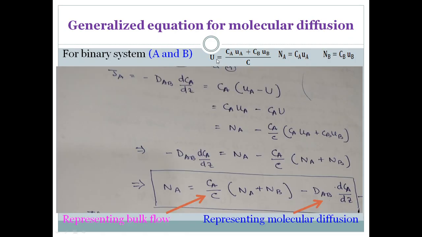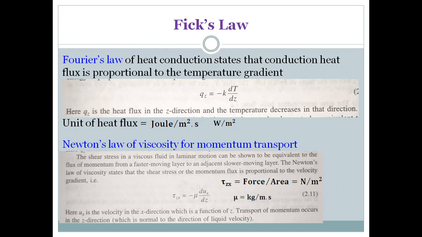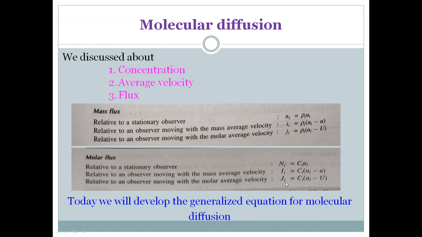Now from the previous slide we got U equal to this expression, U equal to CAUA plus CBUB by capital C, and the flux N_A equal to C_A U_A, and N_B equal to C_B U_B. Now J, we know this one, because if you see the expression of J_i equal to C_i into (U_i minus U).